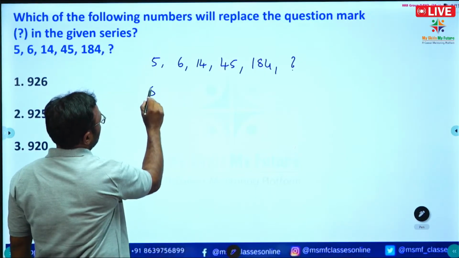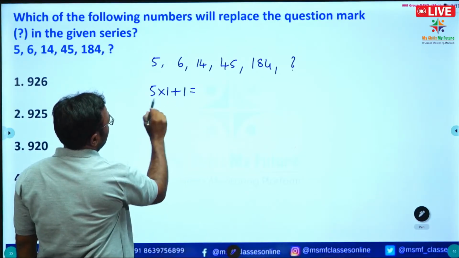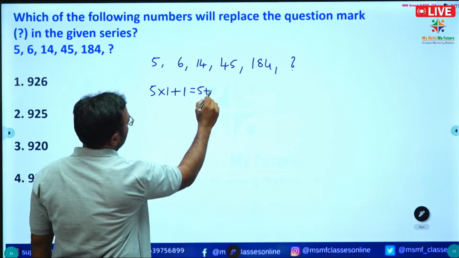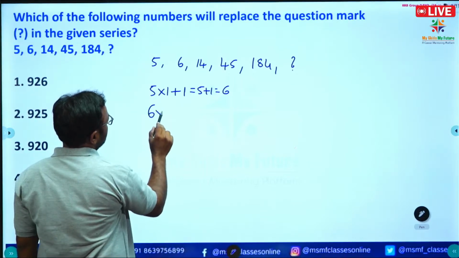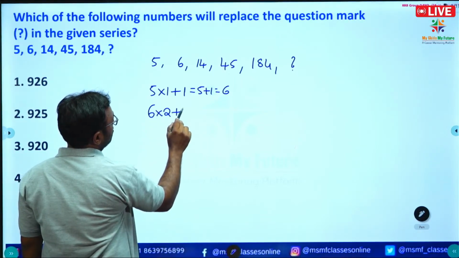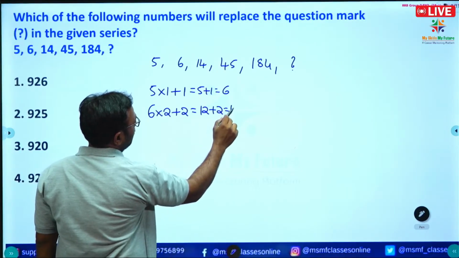Just see, 5 into 1 plus 1. 5 into 1 is 5, plus 1 is equal to 6. And here 6 into 2 plus 2: 6 twos are 12, plus 2 is 14.